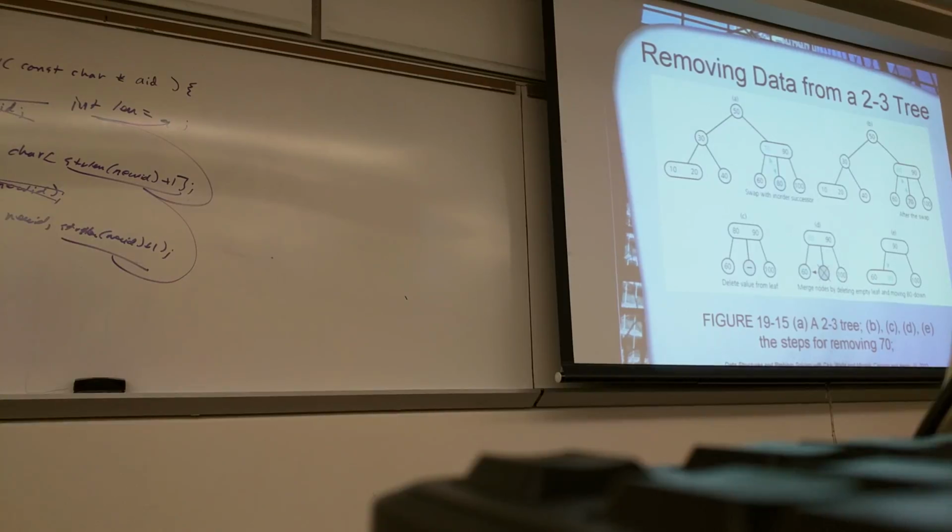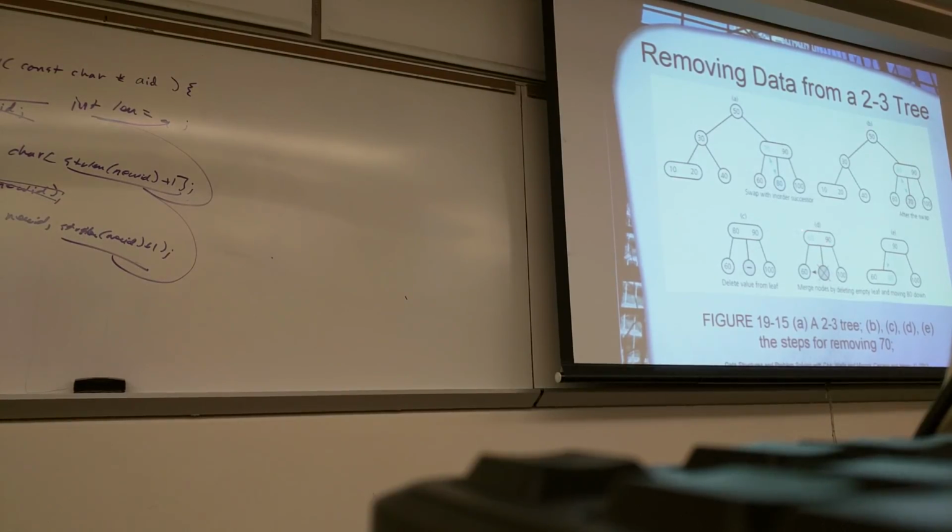So instead of a split, I have to do a merge. Actually, they don't call this a merge, they should, but yeah, they do, merge, okay, good. I'm going to merge this by taking that 80 and pushing it down into one of my leaves. I could also push the 90 here and leave the 80 up there.